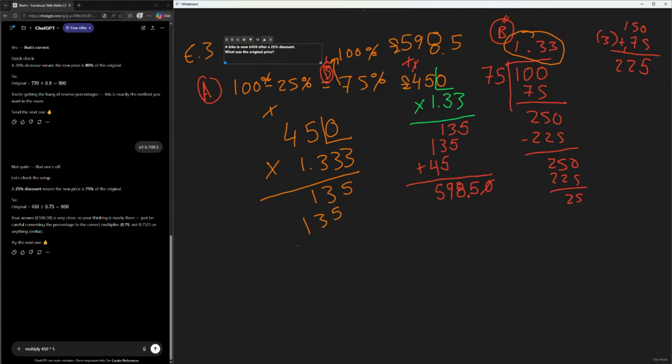So if we add 1, 3, 5 and then 45 here, how would that go? Then we go 5, 8, 9, 8, 9, 5.